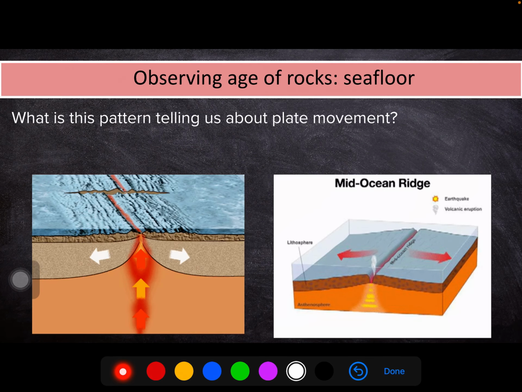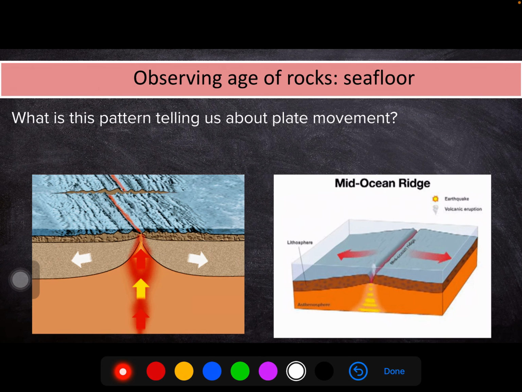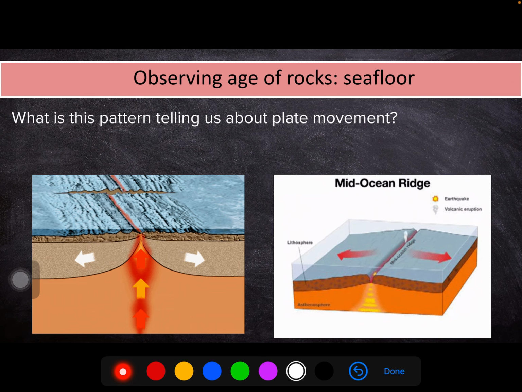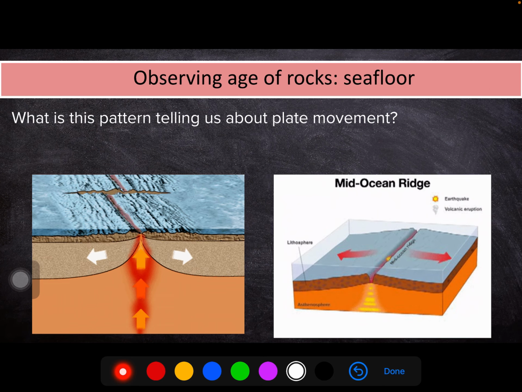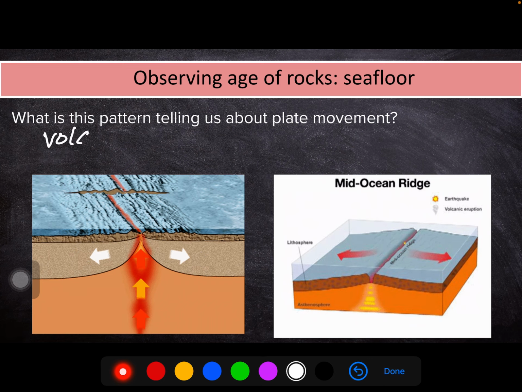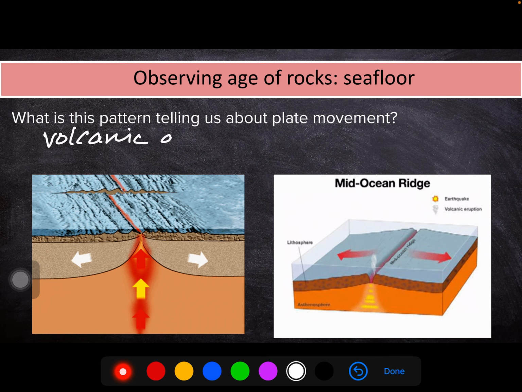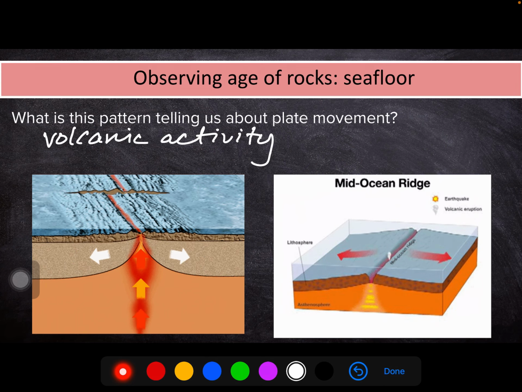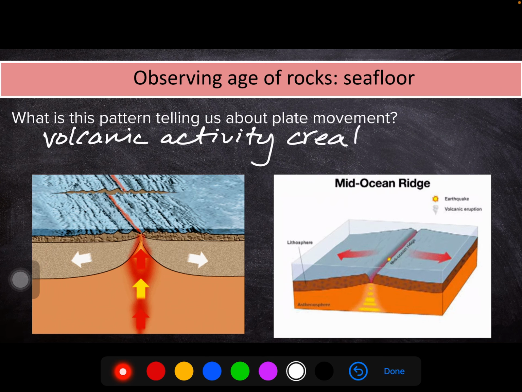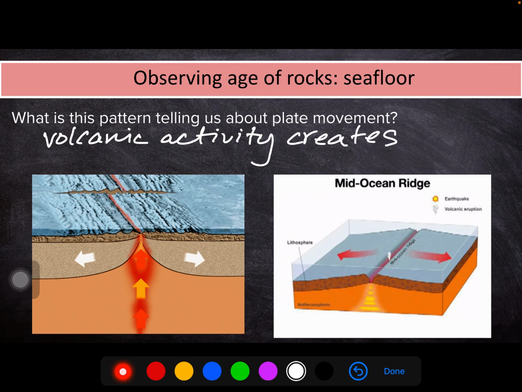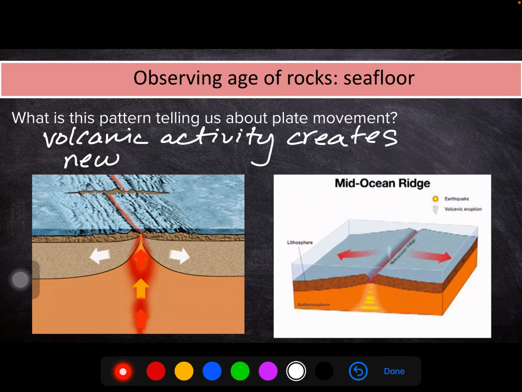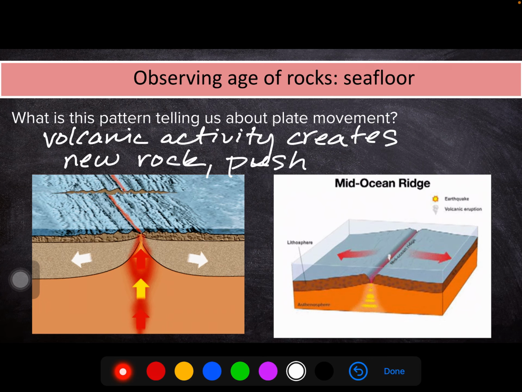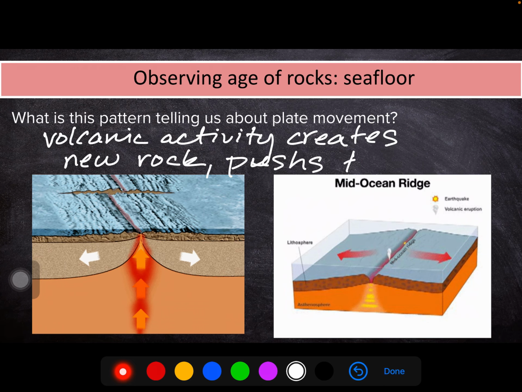So what we're seeing here from this pattern is something known as seafloor spreading, where underneath the ocean crust, volcanic activity is creating movement because of the new rocks. So what happens is this volcanic activity creates new rock, which actually pushes those tectonic plates.